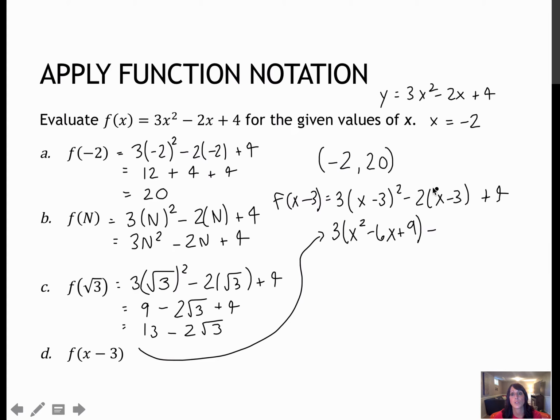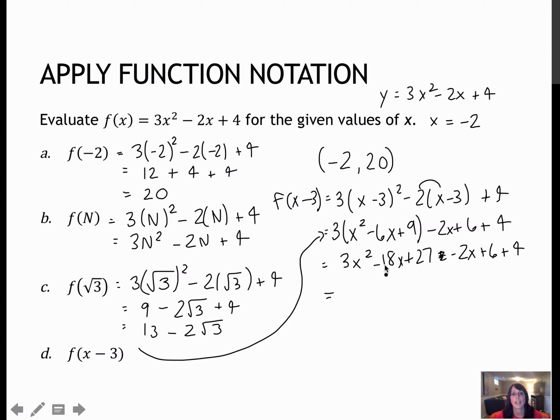I'm going to distribute that minus 2. And then I still have my plus 4. I've got this 3 on the outside of all of this, so I'm going to distribute the 3. 3x squared minus 18x plus 27. And then rewrite, minus 2x plus 6 and plus 4.